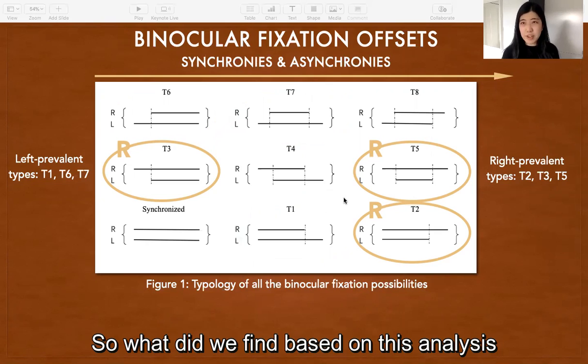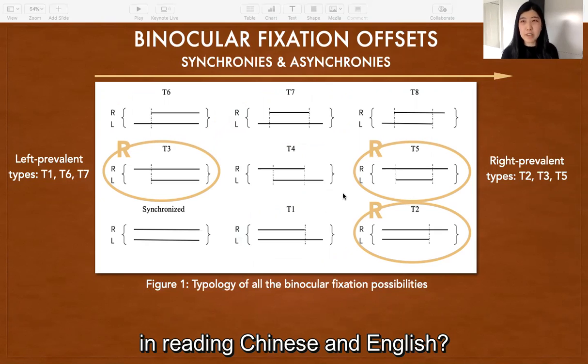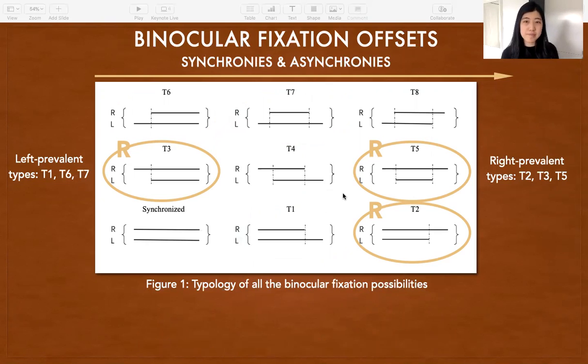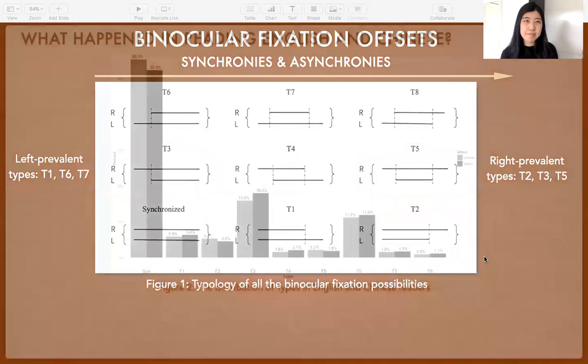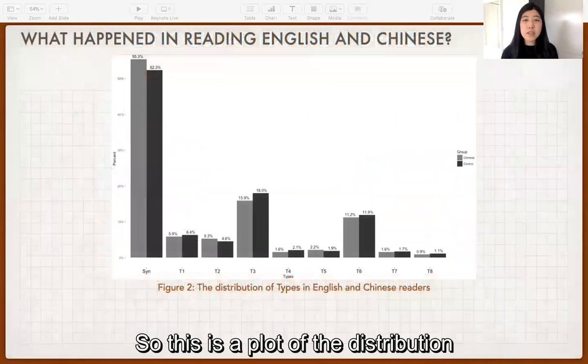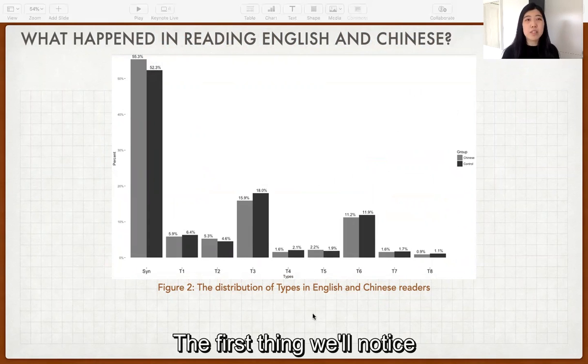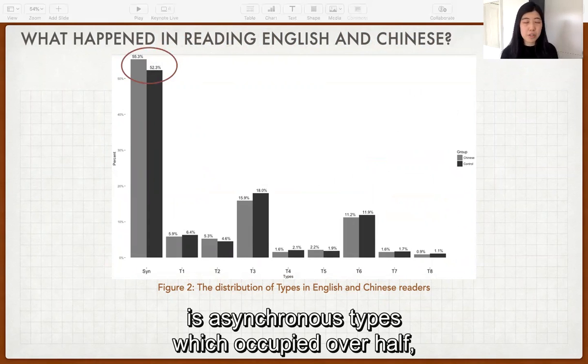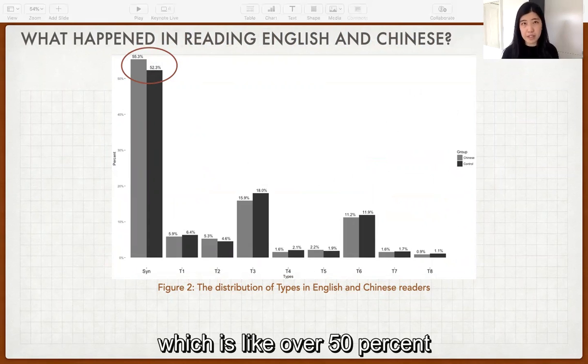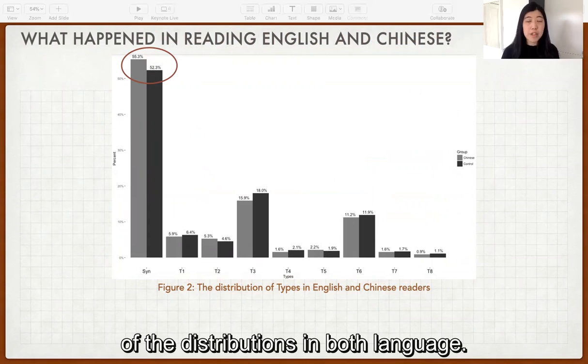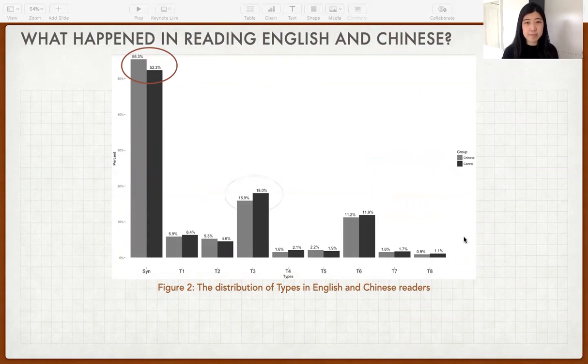So what did we find based on this analysis in reading Chinese and English? This is a plot of the distribution of our 9 types in English and Chinese readers. The first thing we notice is the synchronized type, which occupies over half, over 50% of the distribution in both languages.